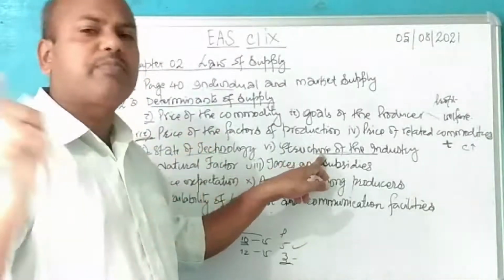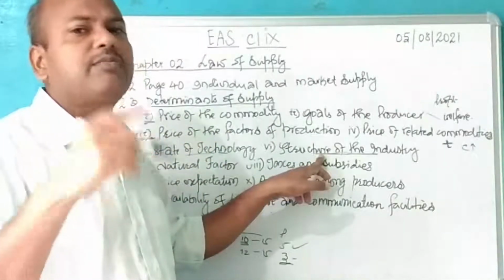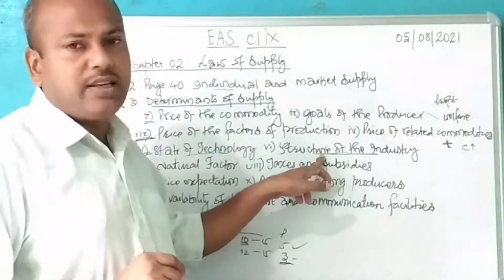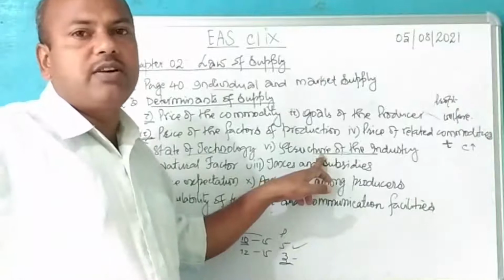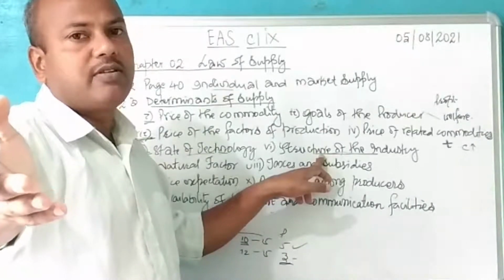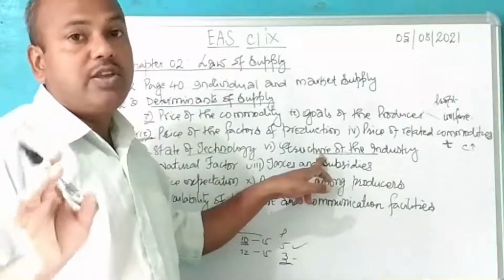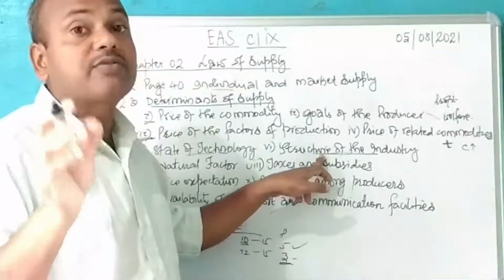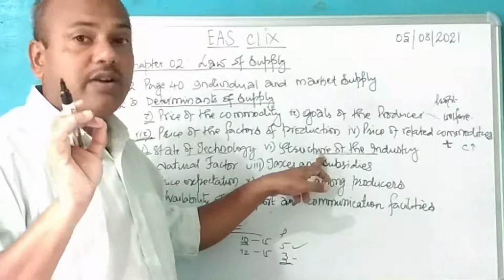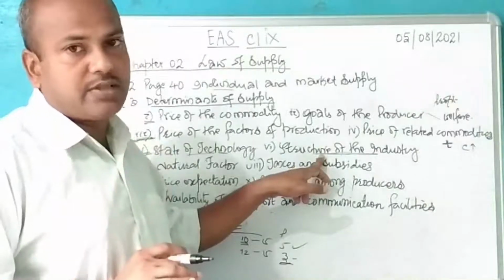But if there are a lot of producers producing the same homogeneous commodity, then they cannot do this, because if one producer does not supply potato, there are so many other producers who will supply potato. So you have no control over the supply of a commodity where a large number of producers produce a homogeneous product.